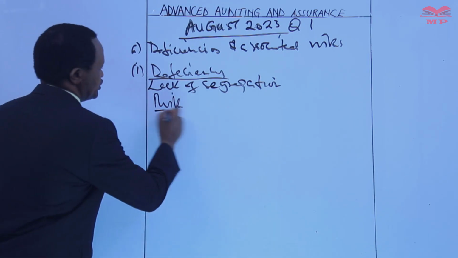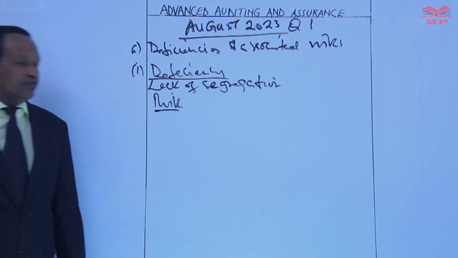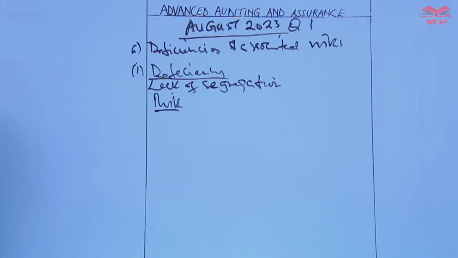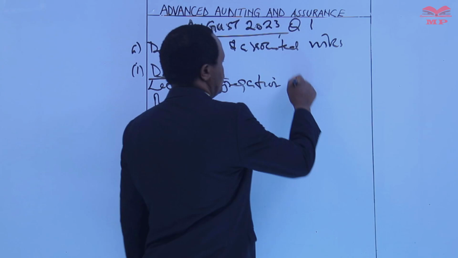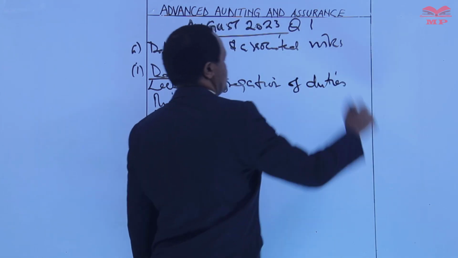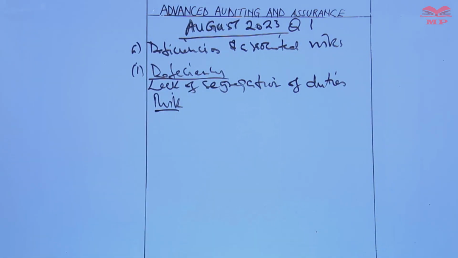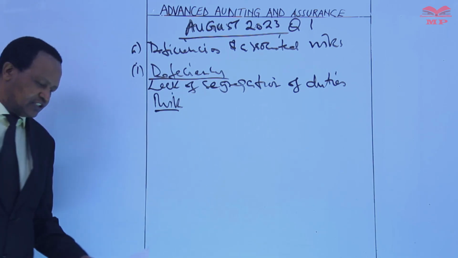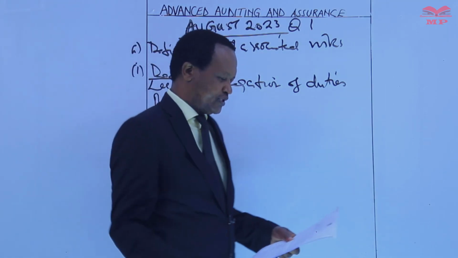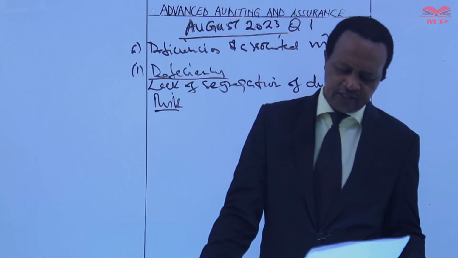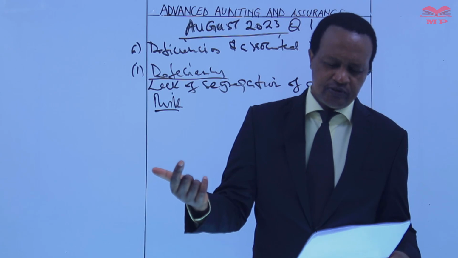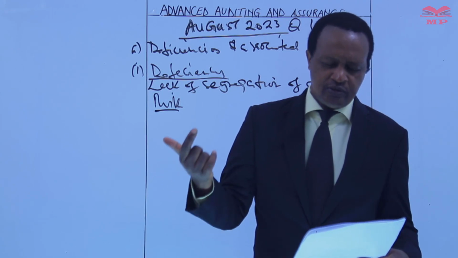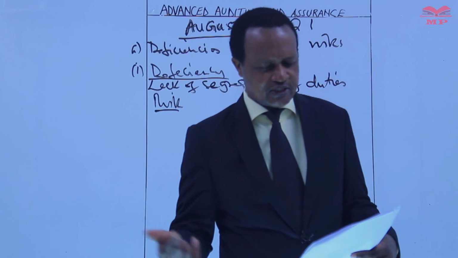So what is the associated risk of lack of segregation of duties? Because you've seen the foreman, candidates here. The factory foreman interviews applicants, and on the basis of the interview, either hires or rejects them.